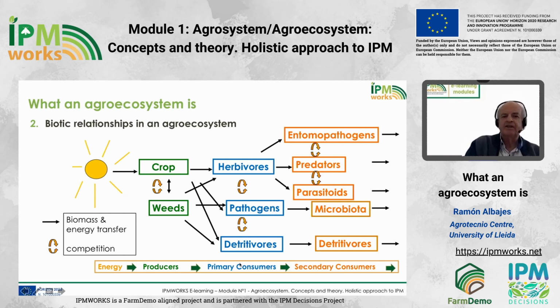And the biomass and the energy is transferred to the next node in the food web, the secondary consumers. And we find entomopathogens, the microorganisms causing diseases in herbivores, predators of herbivores, and parasitoids.